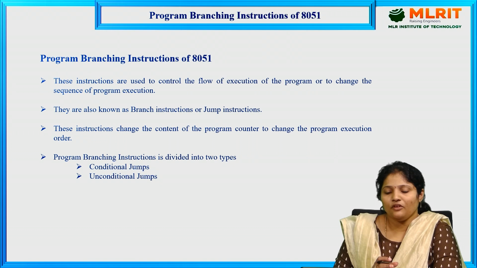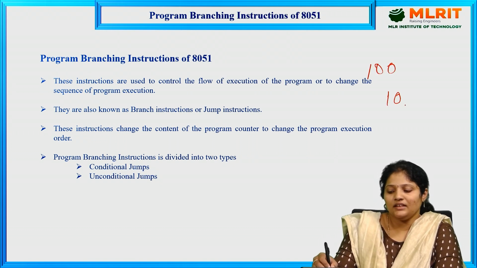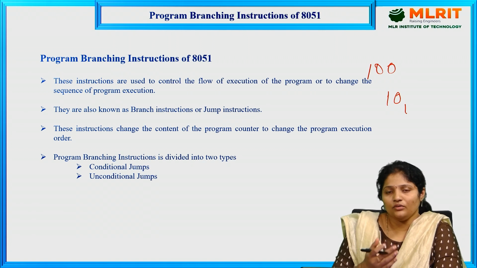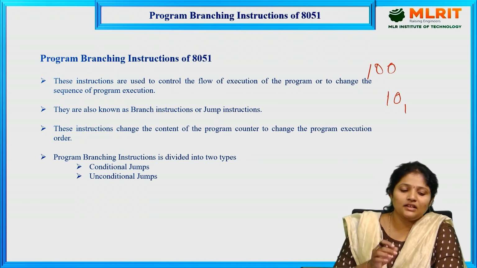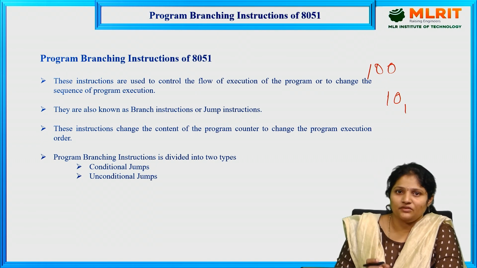If we are performing one program with 100 instructions, the controller will process it with a sequential process, first instruction, next instruction, like that. But using these branching instructions, the control of the flow will be altered. It will alter the process of execution. So these are also known as branch instructions or jump instructions.